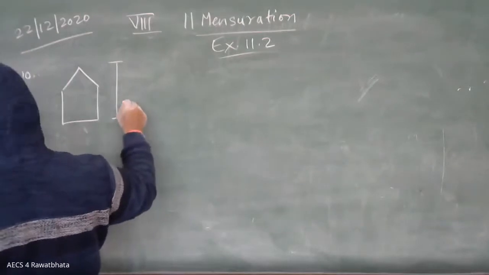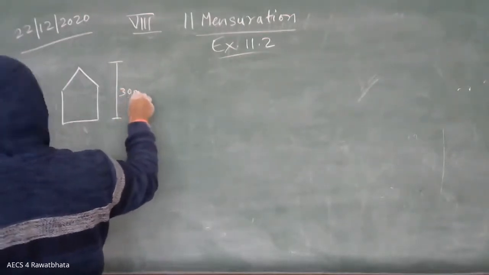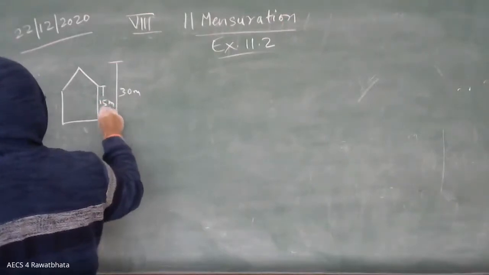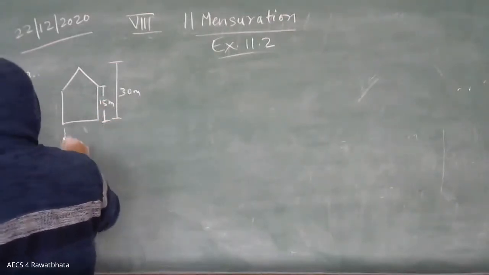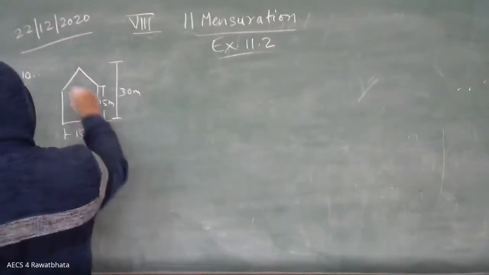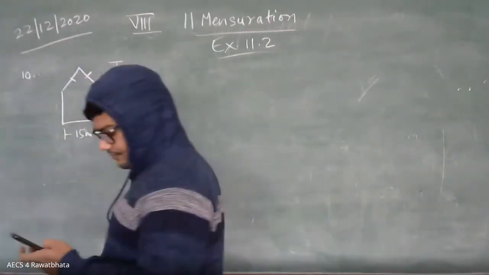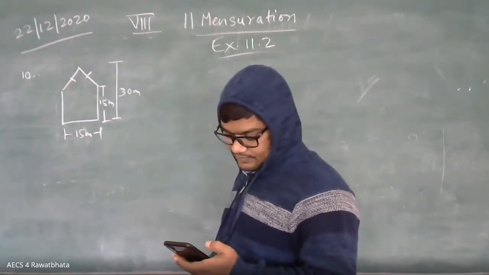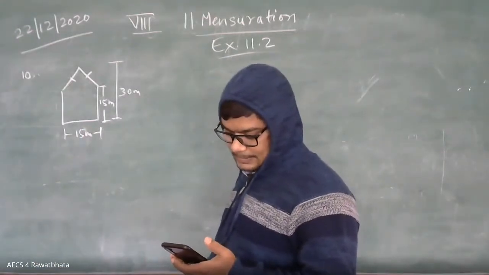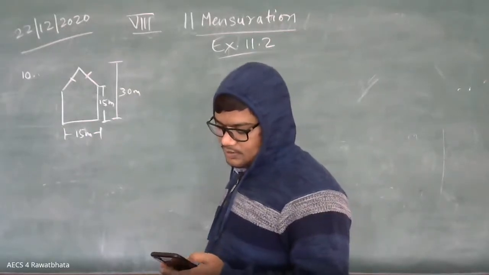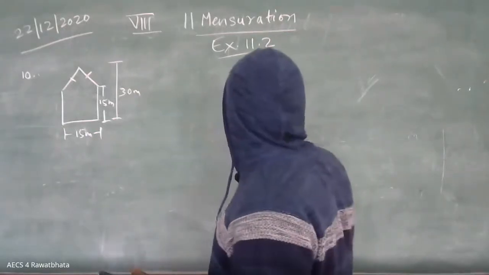This is 30 meters. From here it is 15 meters. This is also 15 meters. And these two sides are equal.